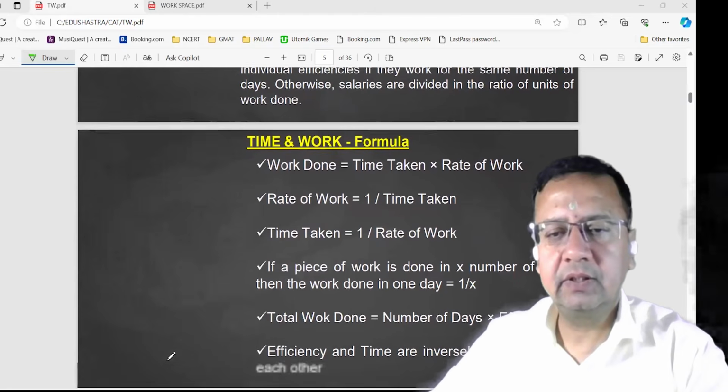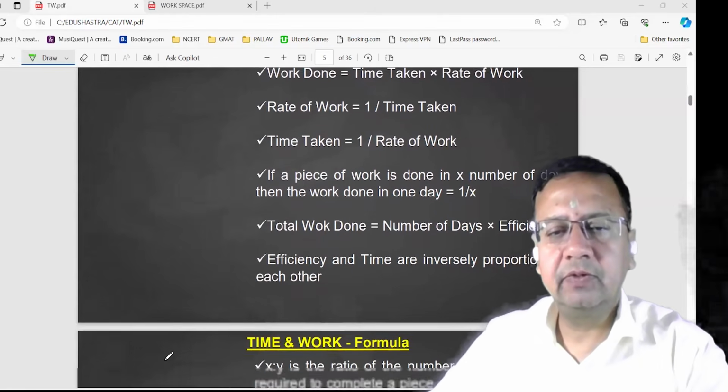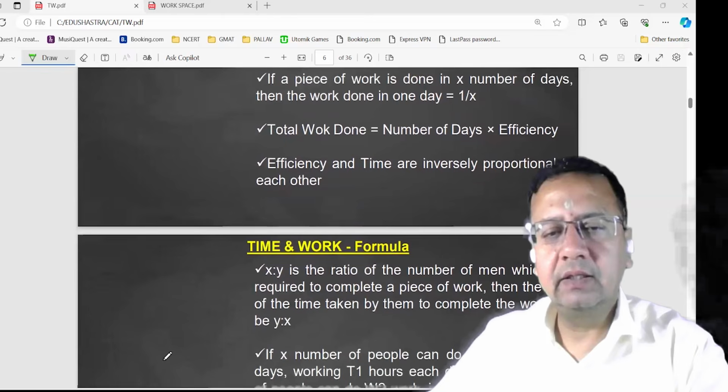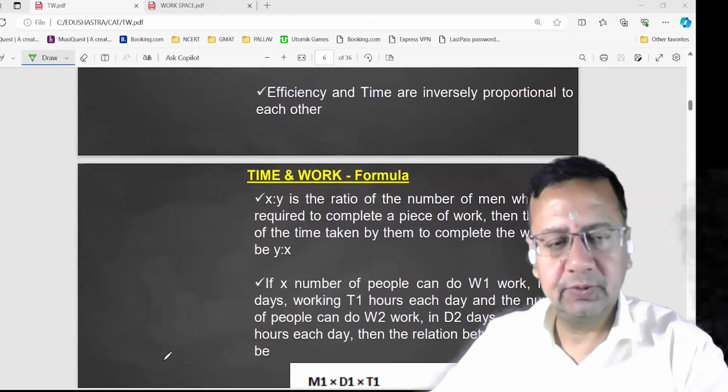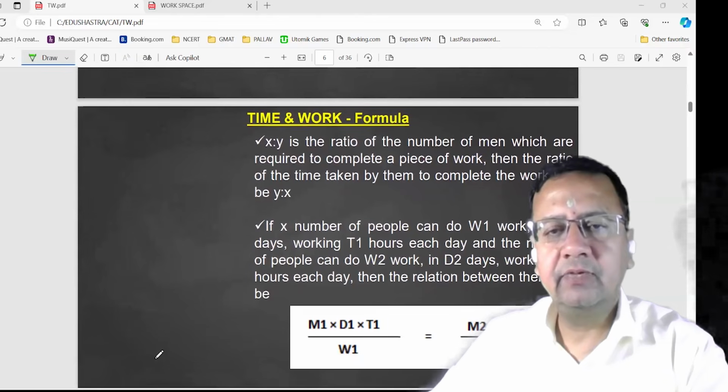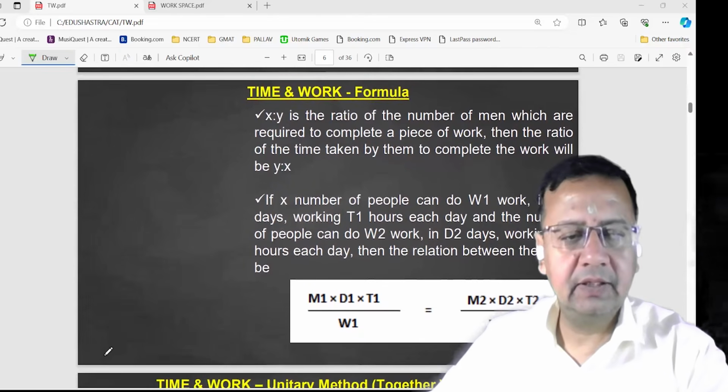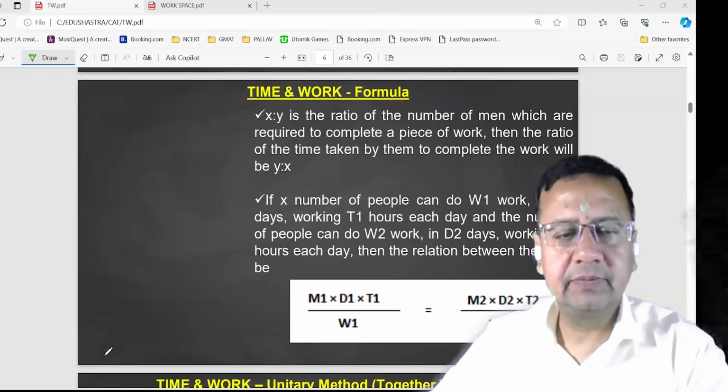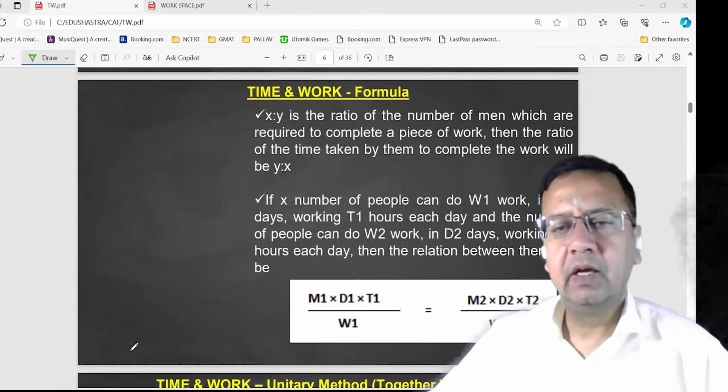These are the different relations with the time and work formula, and some different ratios. Towards the end, we discussed the proportionality formula. Remember, I suppose.